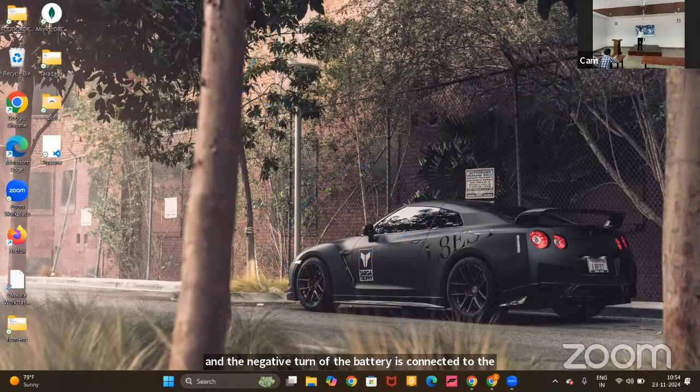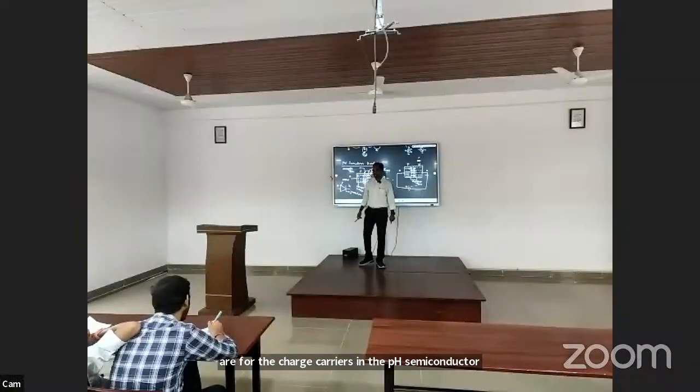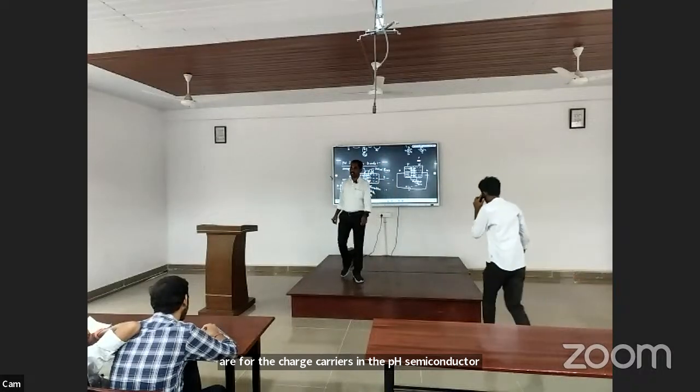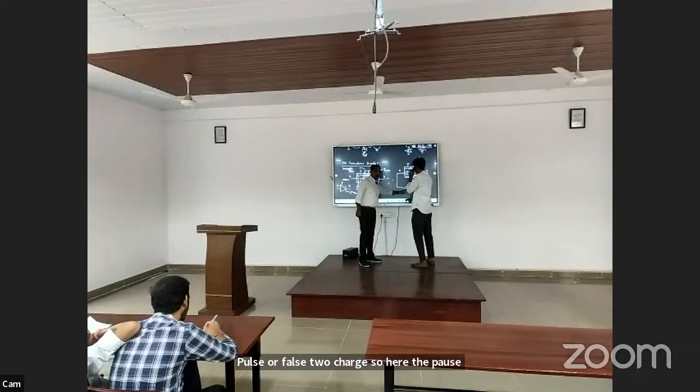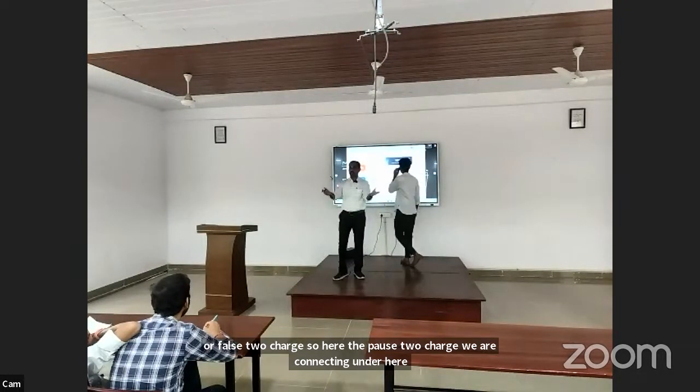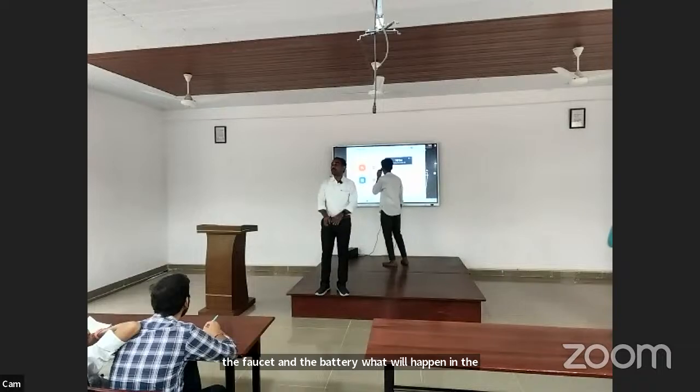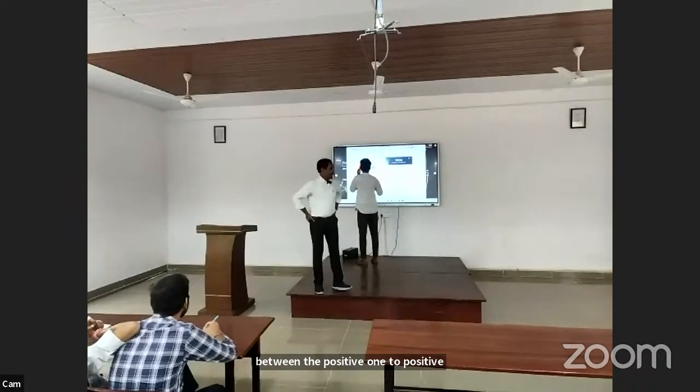What are the charge carriers in the P-type semiconductor? Holes. That is the positive charge. Holes are positive charge. So here the positive charge we are connecting, and here the positive terminal of the battery. What will happen between the positive and positive? Will repel.